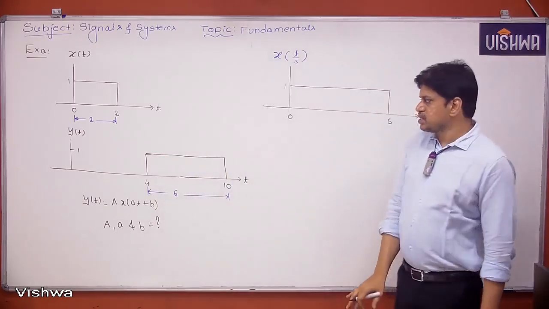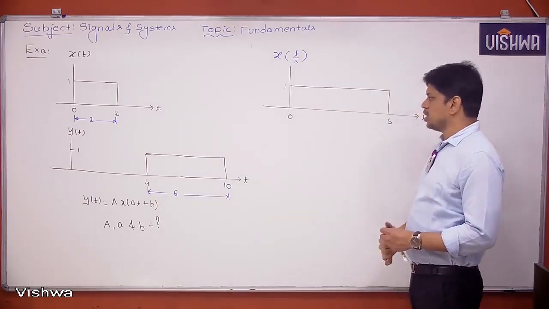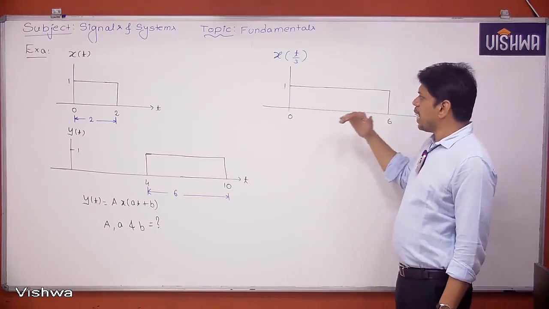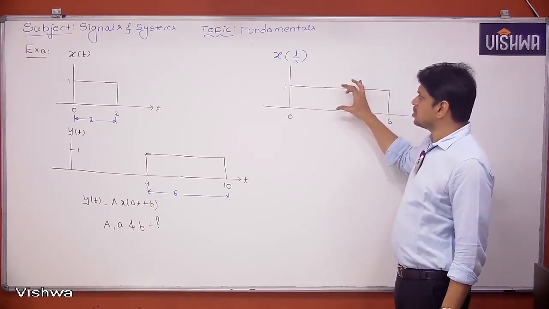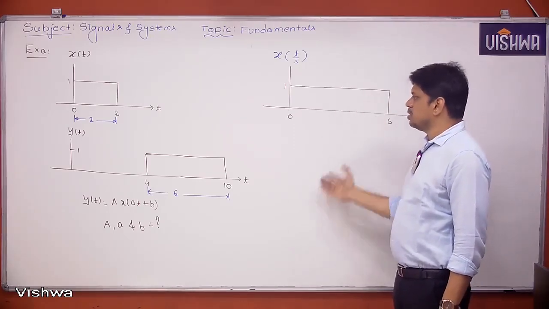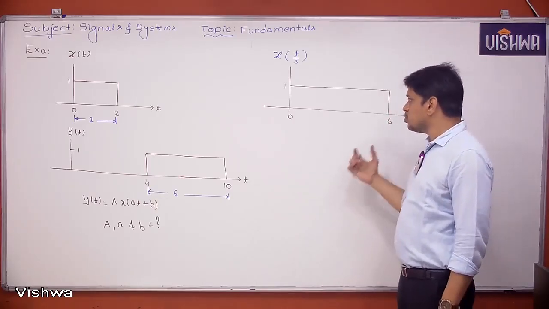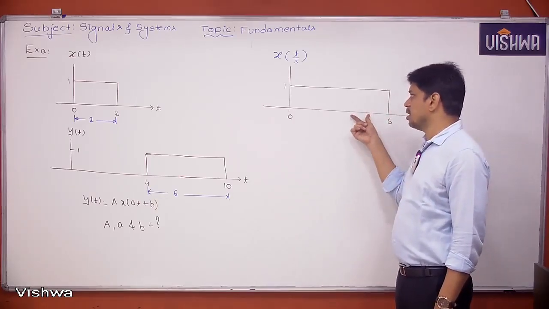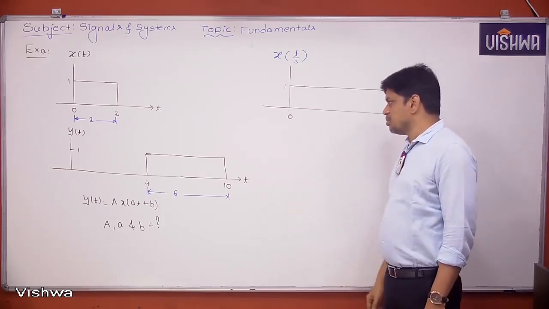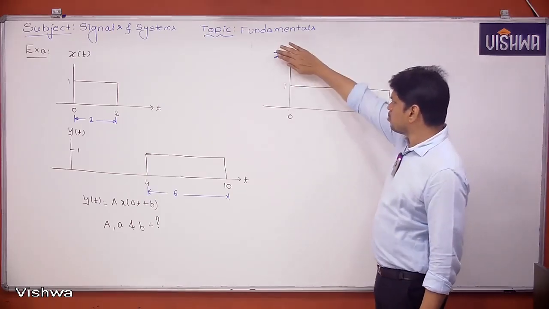Now we got x of t by 3. You tell me what we have to do with this signal x of t by 3 so that I can get y of t. That means what is the operation we have to perform on this signal so that I can get this one.